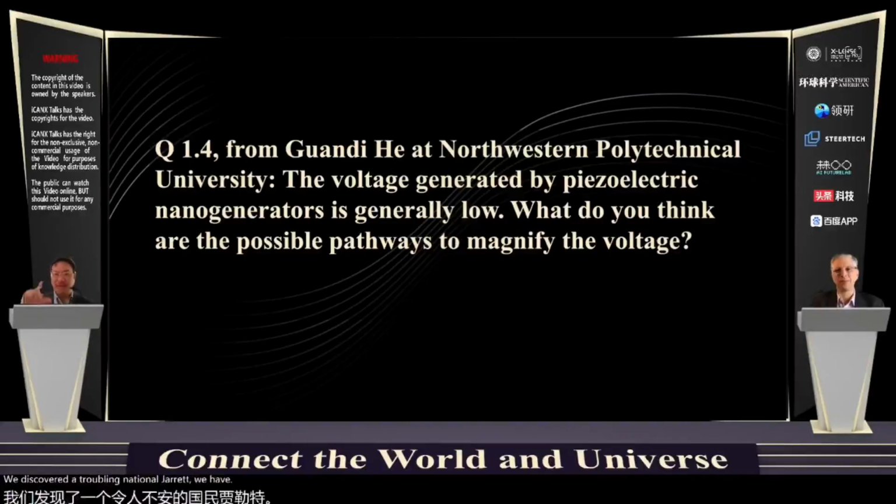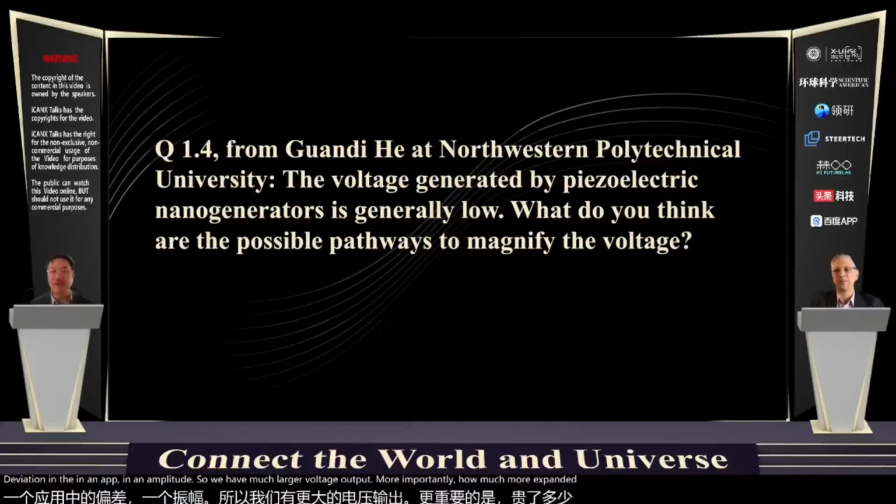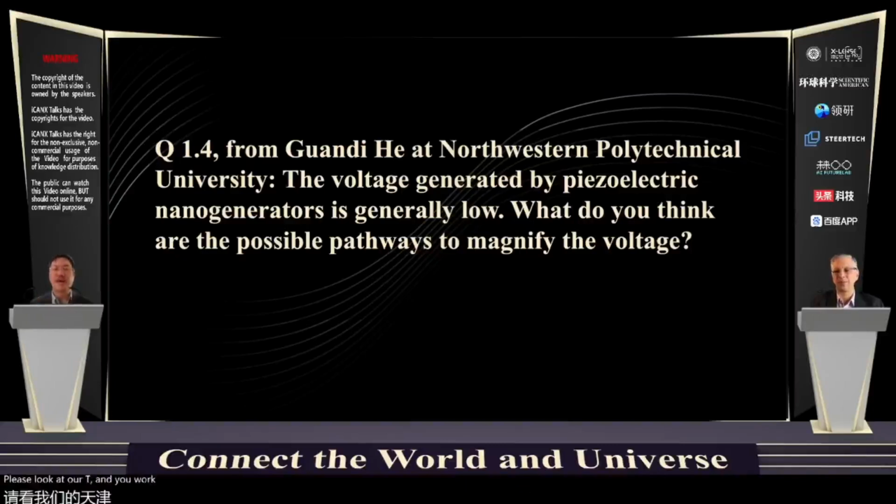We have a large deviation in amplitude, so we have much larger voltage output. More importantly, we have a much more expanded material system. Please look at our TNG work, and then I think you will have a better idea of what you should do to magnify the voltage you are looking for.